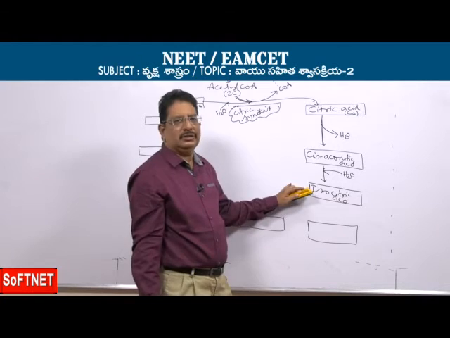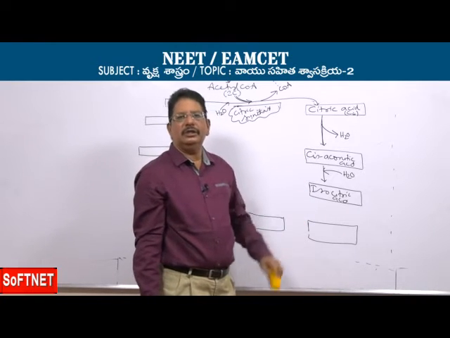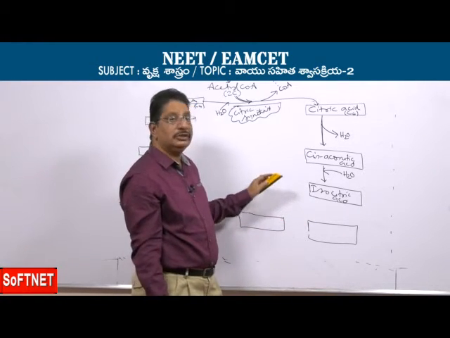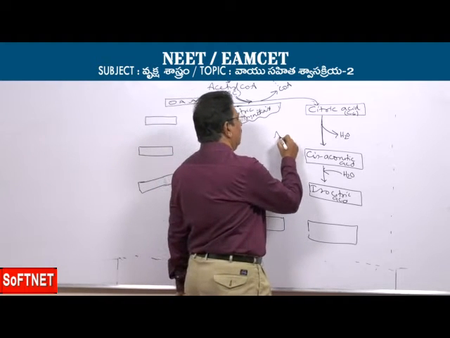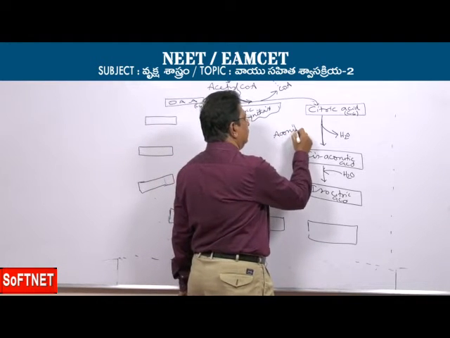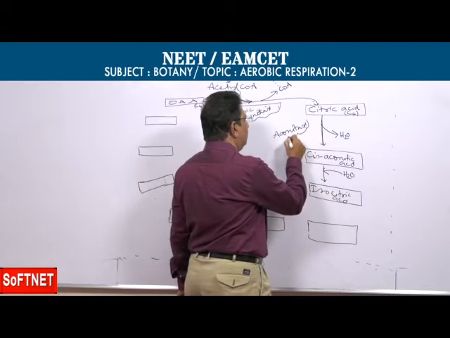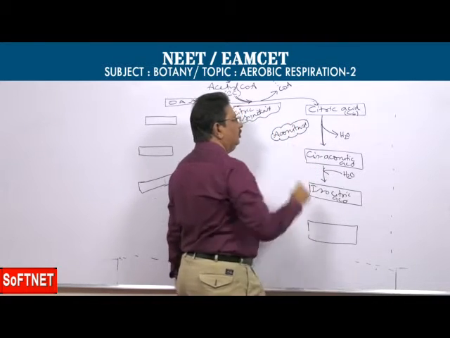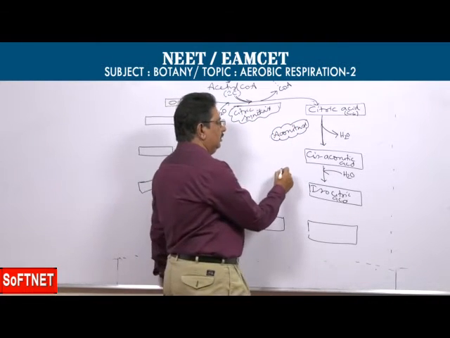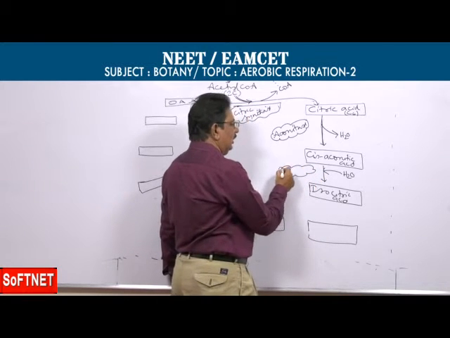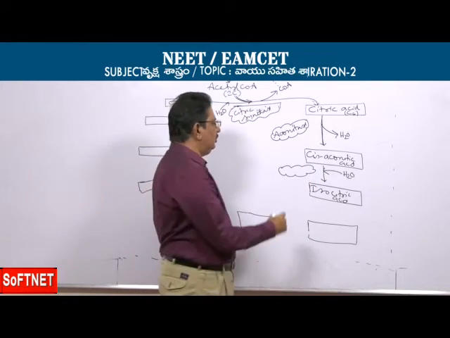Both these reactions occur simultaneously in the presence of the same enzyme, which is called aconitase. So aconitase is the enzyme which involves the conversion of citric acid into isocitric acid.